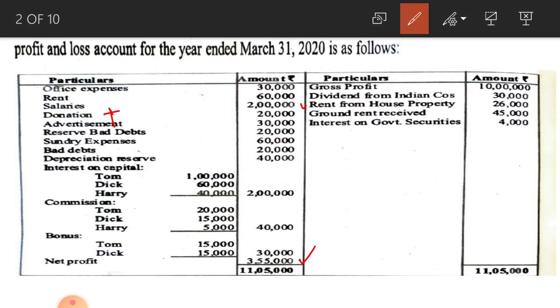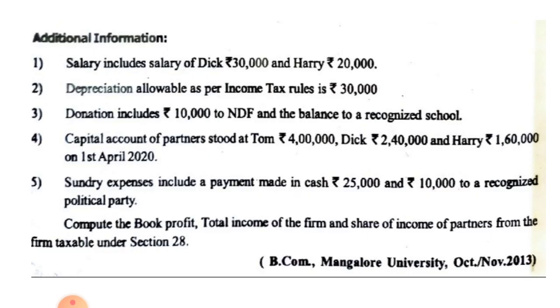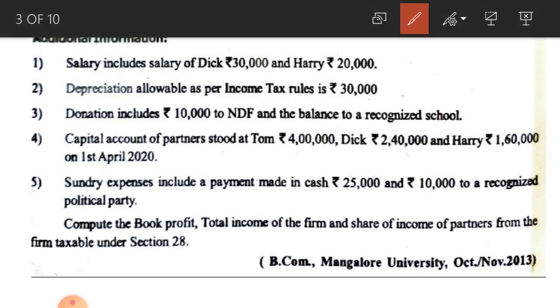This salary may include salaries of staff, as well as the partners. In the additional information they mentioned that the salary of 2 lakhs includes salary of Dick and Harry. So you have to add this salary to the net profit because these two things are disallowed items. You have to add these two things to the net profit.